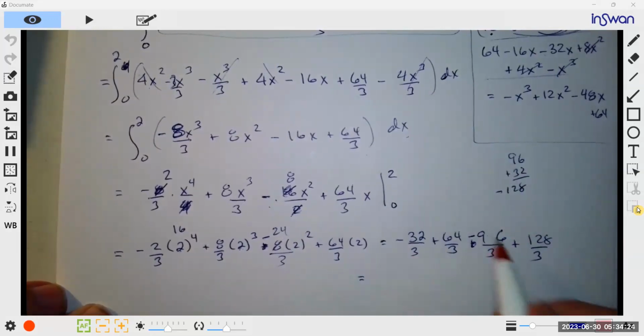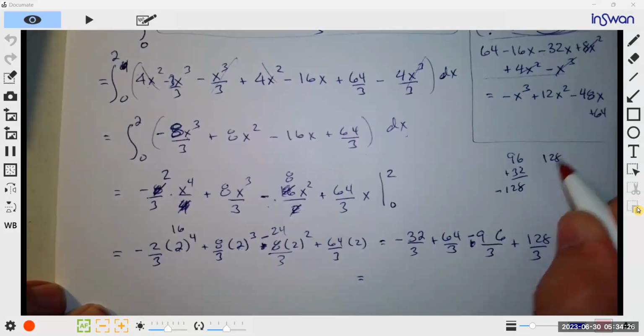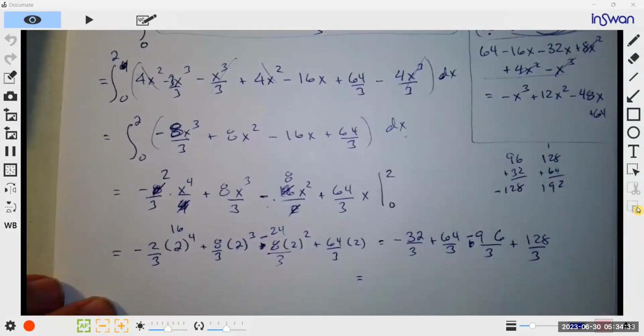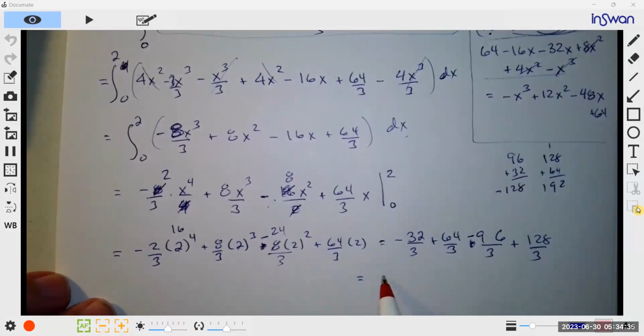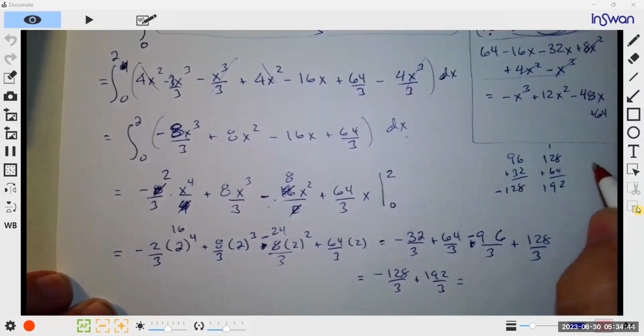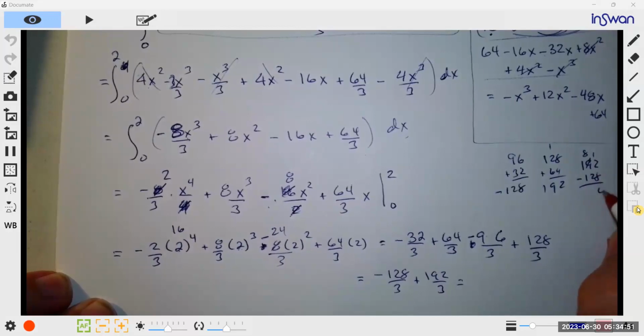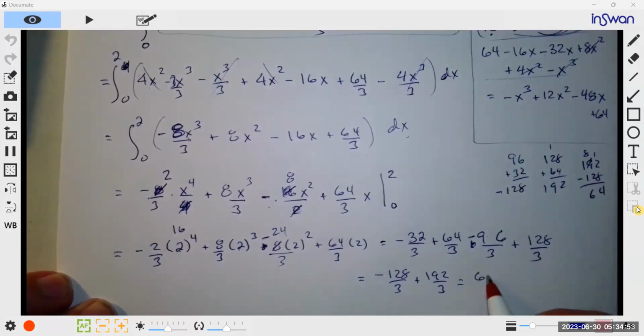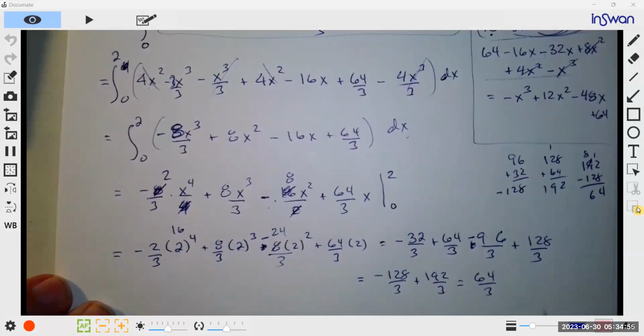That's the negatives. 128 plus 64 is 192. 192 minus 128 is 64/3.